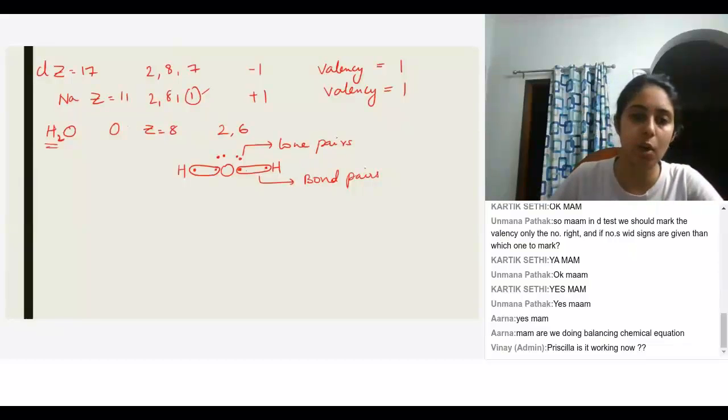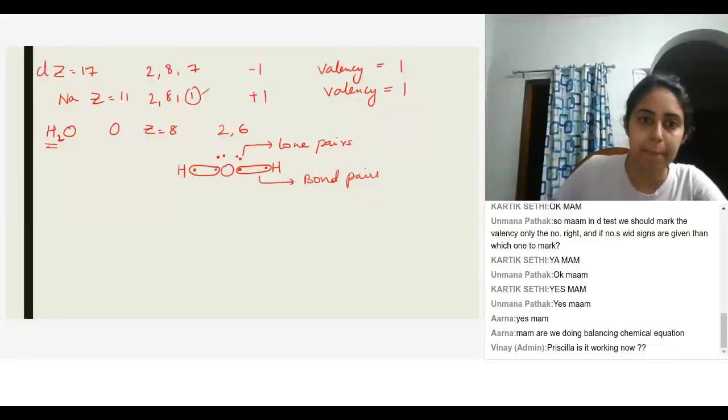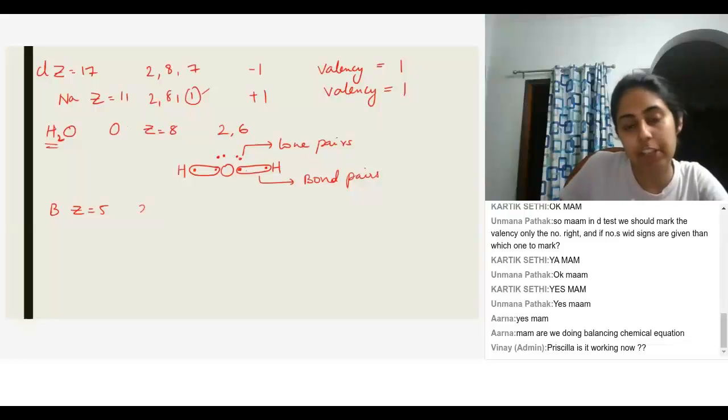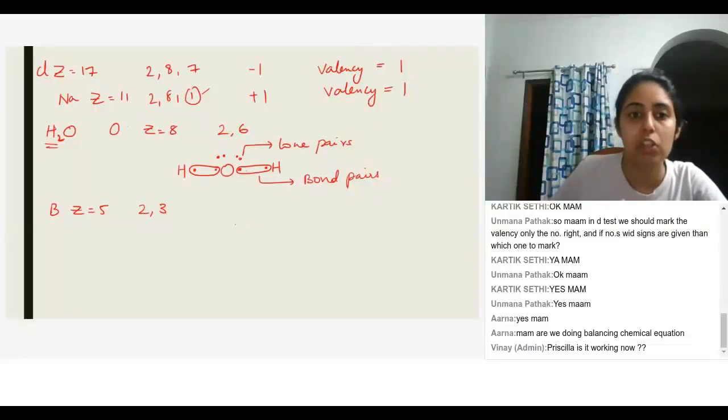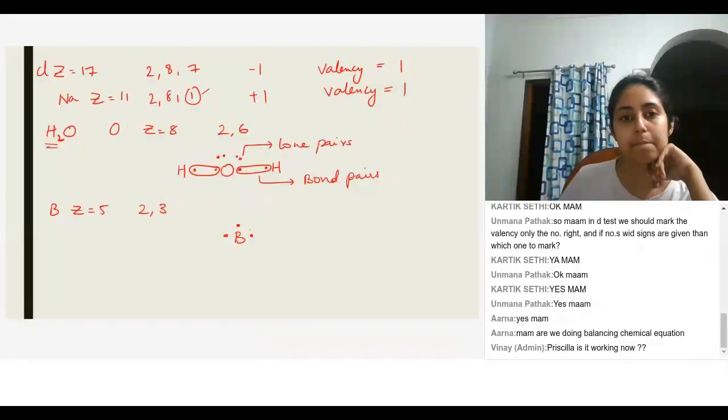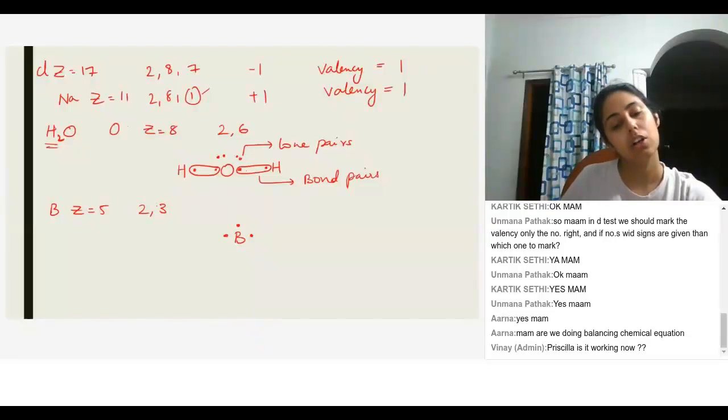Boron has atomic number 5, electronic configuration 2,3. So I'm just going to draw the Lewis dot structure of boron. Now tell me. We can add, but why can't we reduce those electrons? Can we reduce electrons even after sharing?